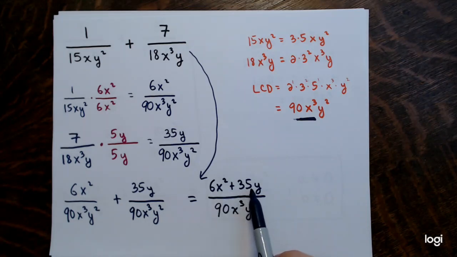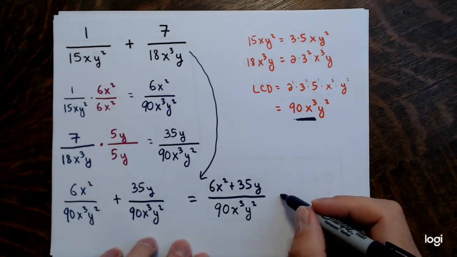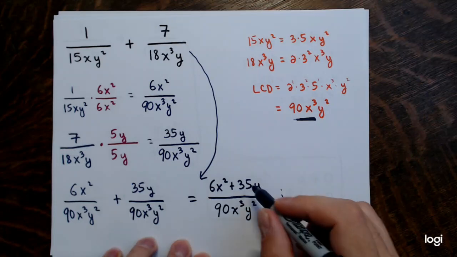There's no common factor in these two terms to factor out. So this whole thing, the 6x squared plus 35y, all of that is the only factor of the numerator, and I am not seeing a 6x squared plus 35y in the denominator, so there's nothing to cancel. So this is it. This fraction is our sum.